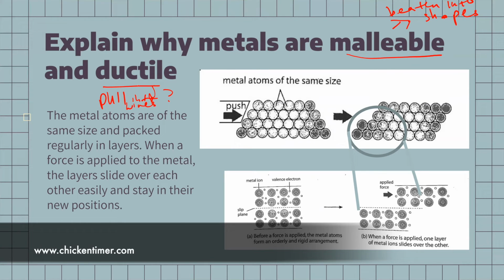So now, let's say we beat it. Let's do malleable first. We have this structure, the one that you saw earlier. The metal atoms are packed closely to each other in a regular arrangement.